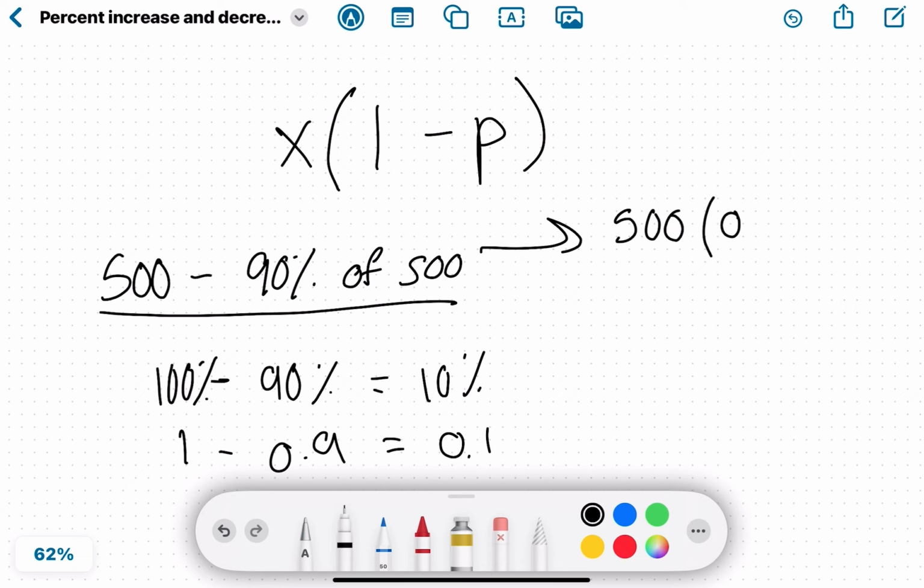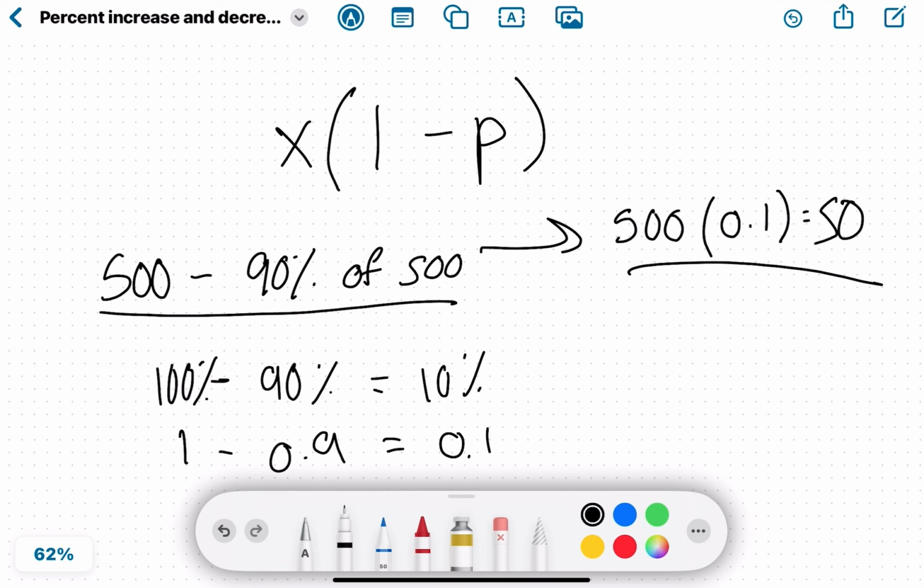So it would be 500 times 0.1, and that would be 50. So you see how super simple that was? Apologies, I said 5 earlier, but it's 50. See how simple that was? One calculation, not 2 or 3.